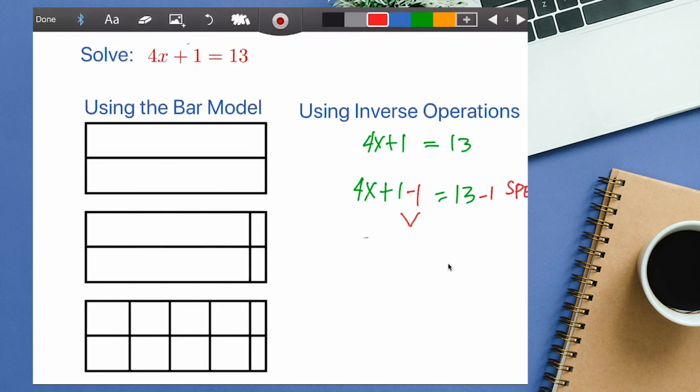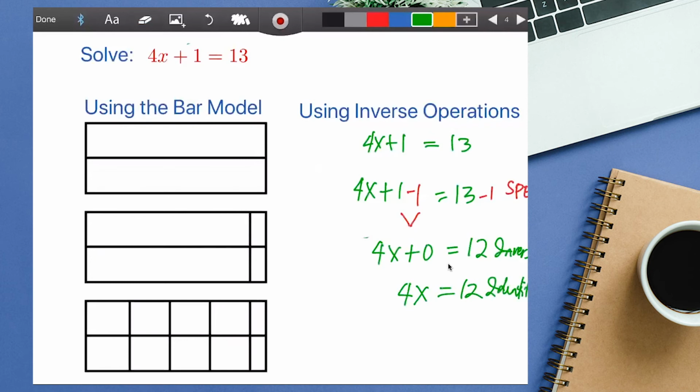So we now have 4x plus 0 is equal to 12, and this is justified by the inverse property for addition. Then, by identity property, we know that 4x plus 0 is 4x is equal to 12, and this is justified by identity property.